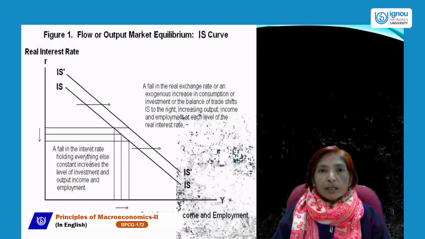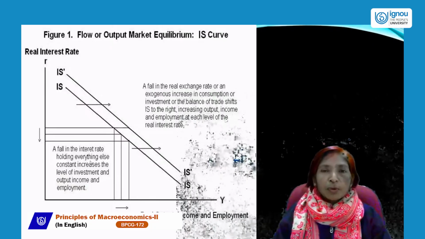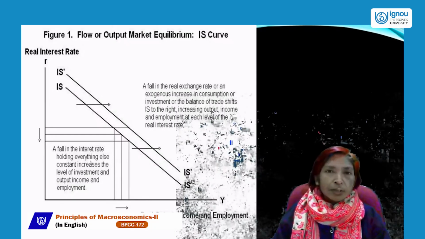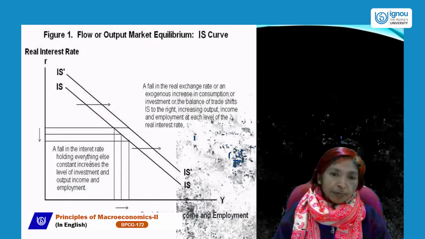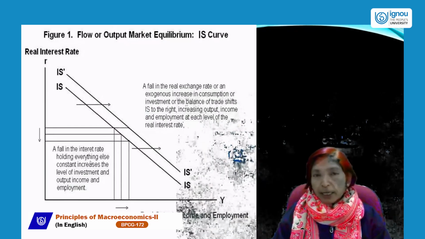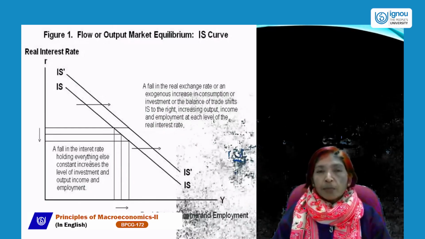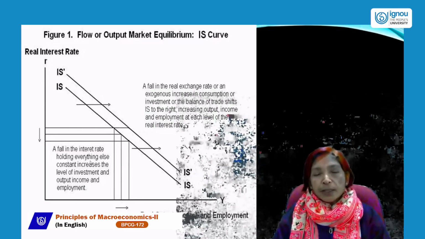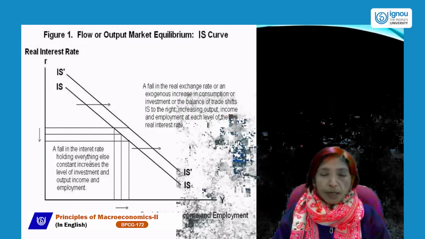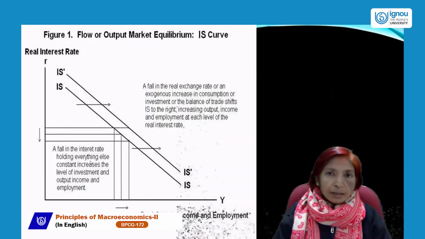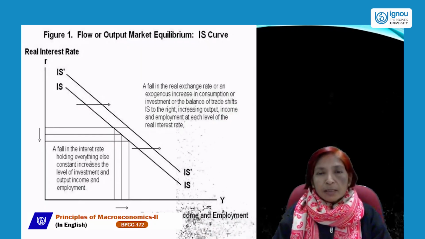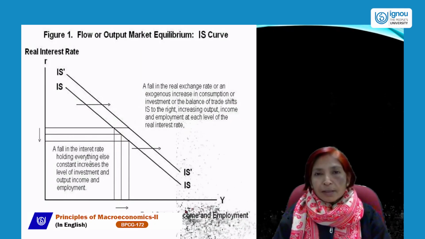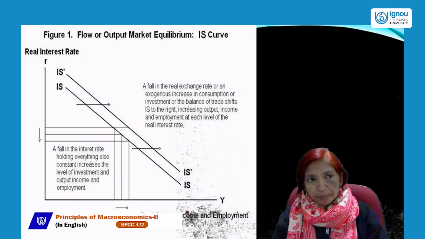And if the government spends less money and imposes more taxes on buyers and sellers, then the IS curve will shift to the left. So if IS shifts rightward, then income, employment, and output all will rise at the existing rate of interest. And if IS shifts leftward, then income, employment, and output all will fall at the existing rate of interest.